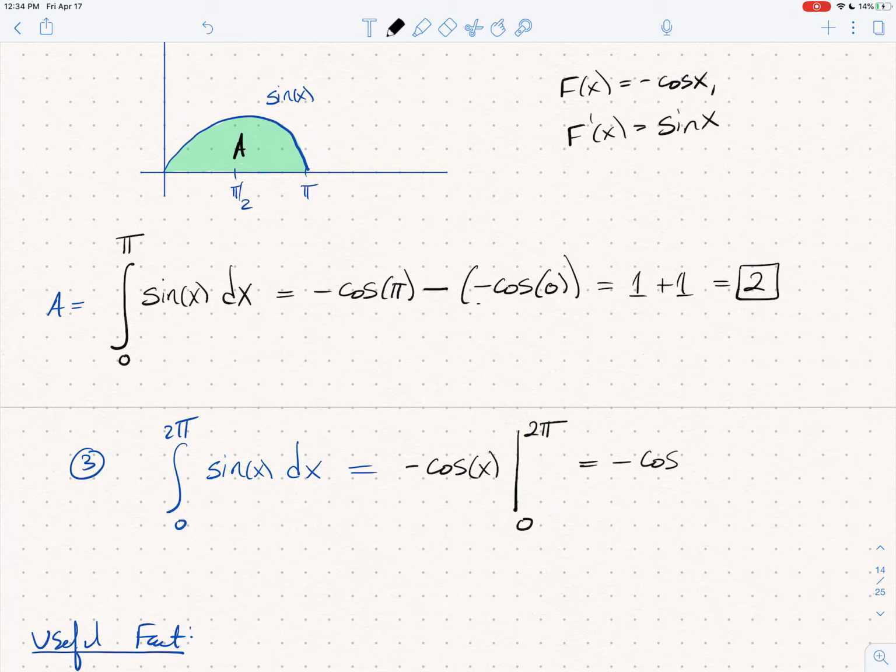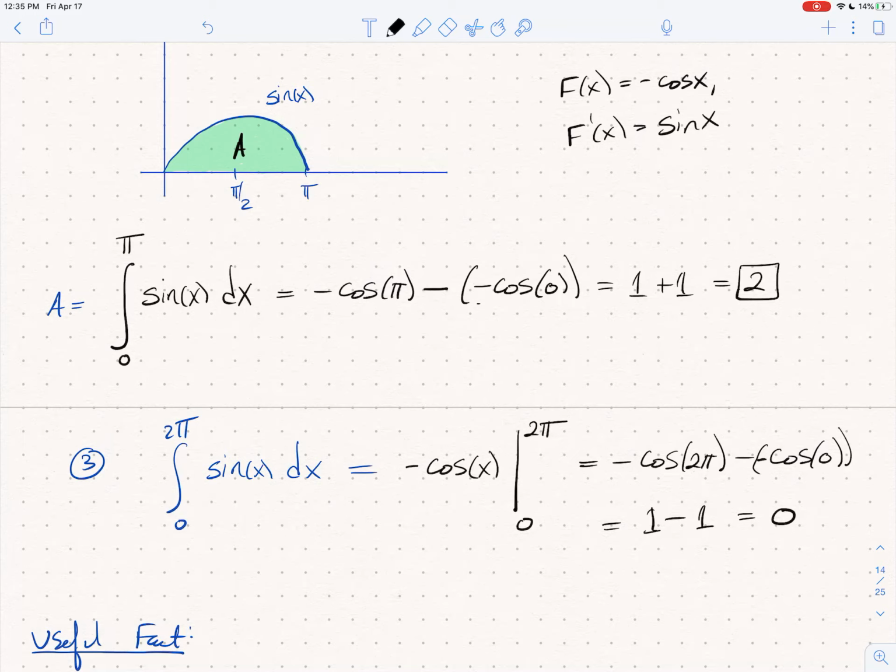So this is just minus cosine of 2 pi minus minus cosine of 0. And of course, that's just minus 1 minus minus 1, which is actually just 0.